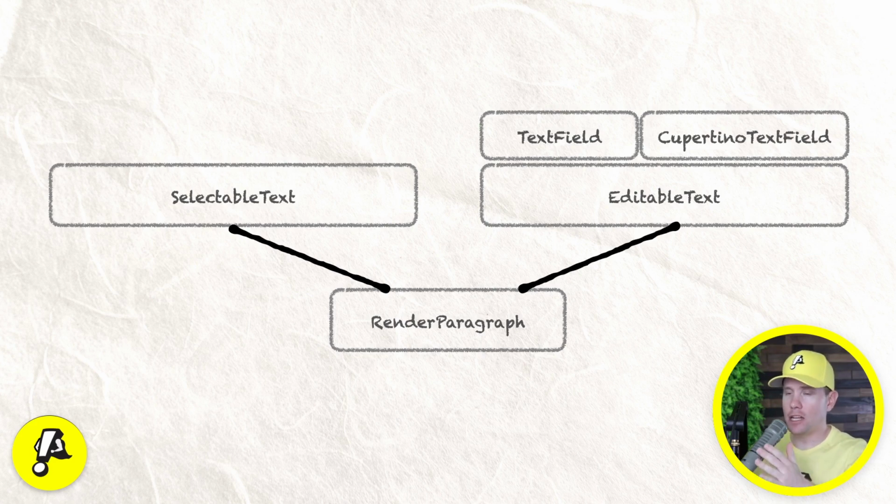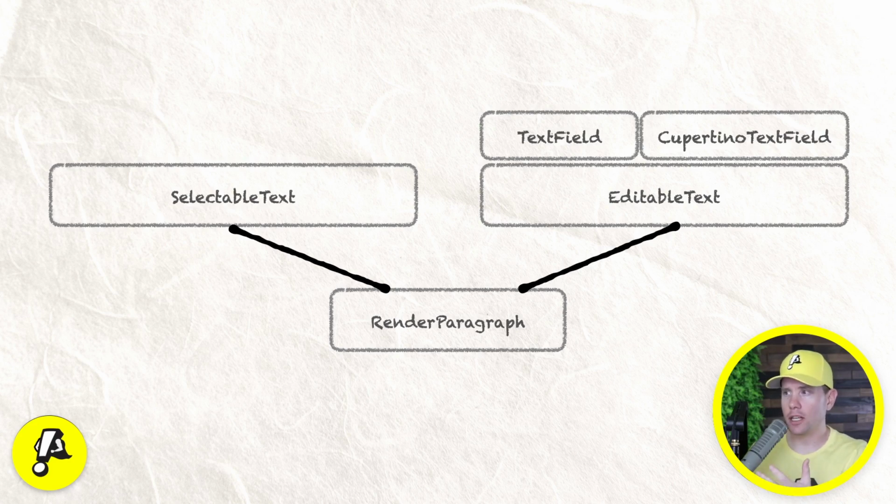Now, this might initially look like we have some kind of composition here, because I mentioned we have these 2 tools, right? Selectable text, editable text. And I kind of implied those are the only tools we have available. You might look at this and see, okay, well, there are at least 5 different things here instead of 2.